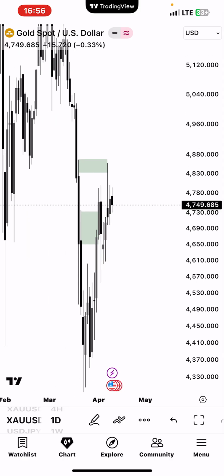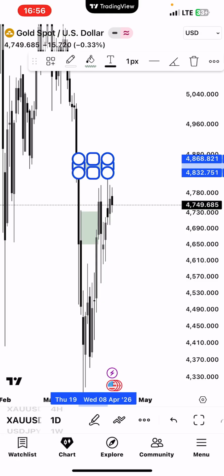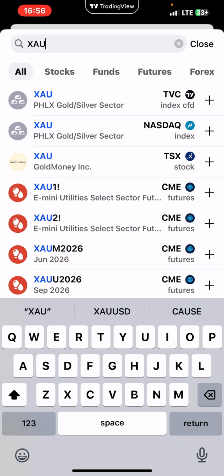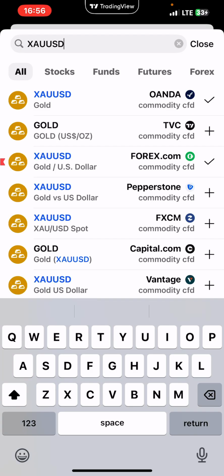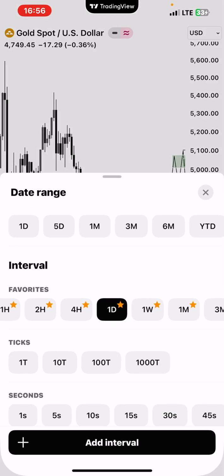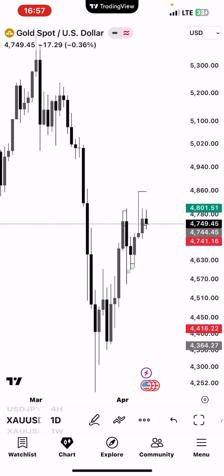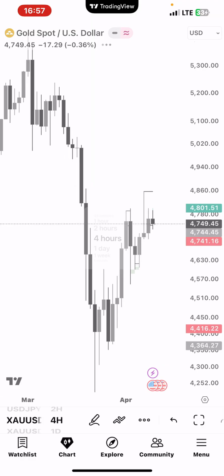I don't want to use this particular one here. Let me use FXCM. Sorry, Forex.com. 4 hour time frame.